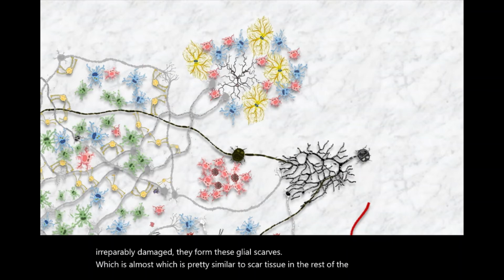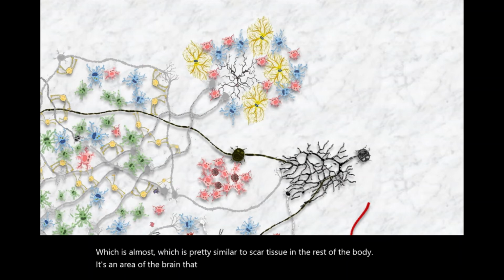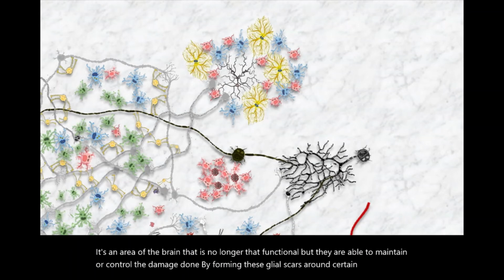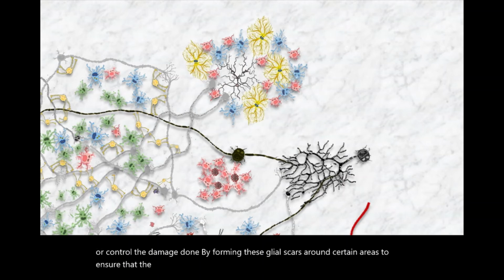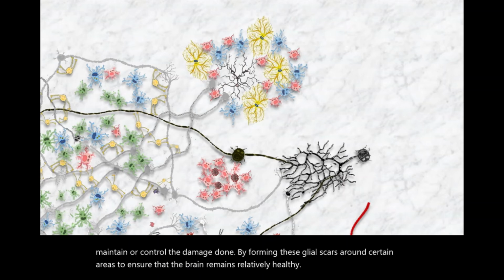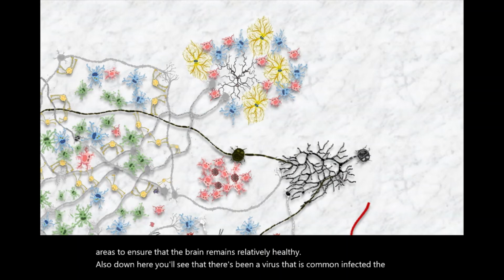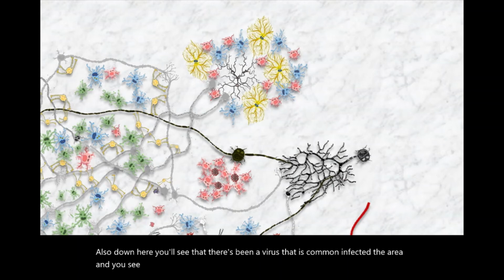It's an area of the brain that is no longer that functional, but they are able to maintain or control the damage done by forming these glial scars around certain areas to ensure that the brain remains relatively healthy. Also down here you'll see that there's been a virus that has come and infected the area. You see microglia surrounding those viruses and trying to clean them up and make sure that they don't run amok and cause too much damage in the brain.